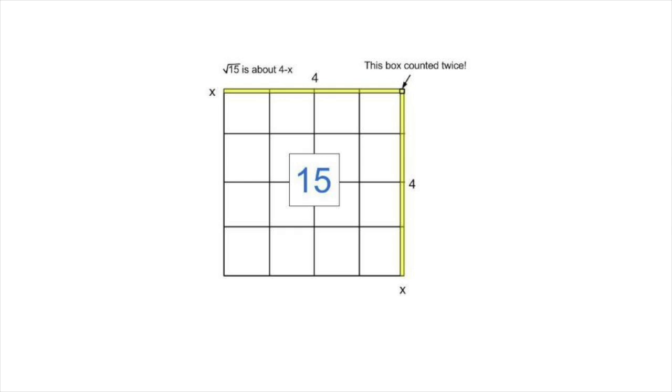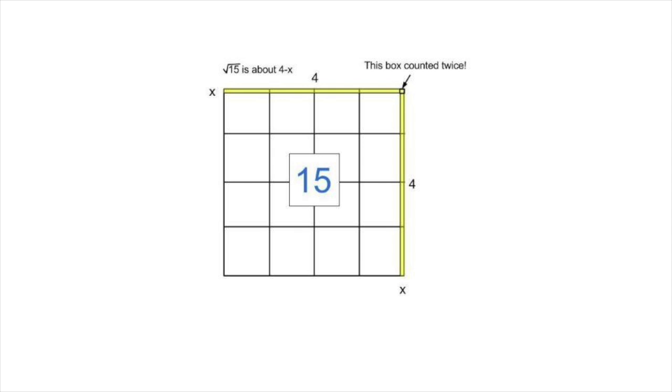Just like before, our strategy is going to be to ignore this little box in the corner, because if we ignore that box, we can figure out the exact number that will make the area of this shape 15. Though this is a little bit different because instead of ignoring it and not counting the box, we're going to actually count the box twice. We're going to look at the rectangle on top, and that has an area of 4 times x, just like before. And the rectangle on the right also has an area of 4 times x.